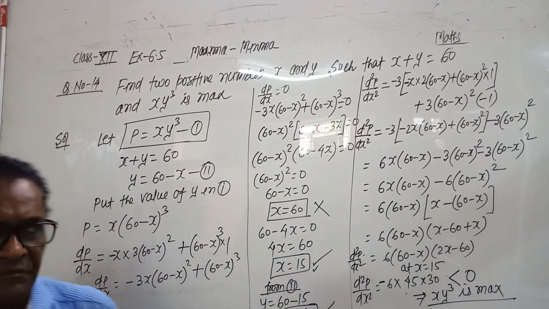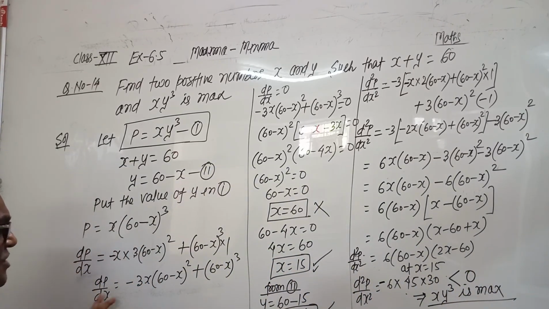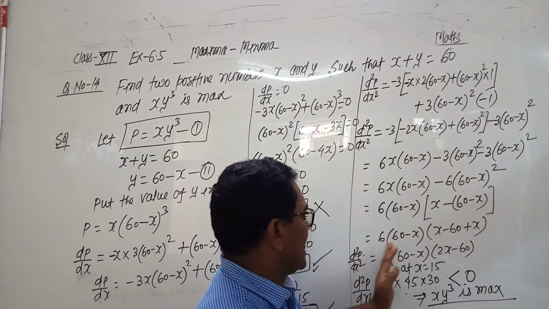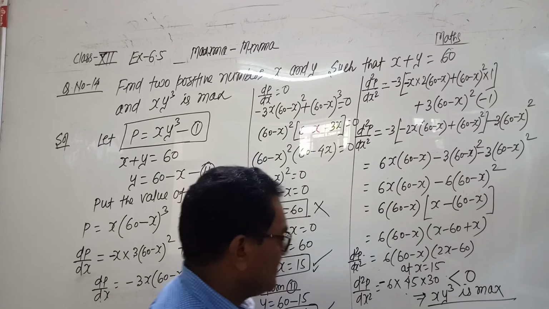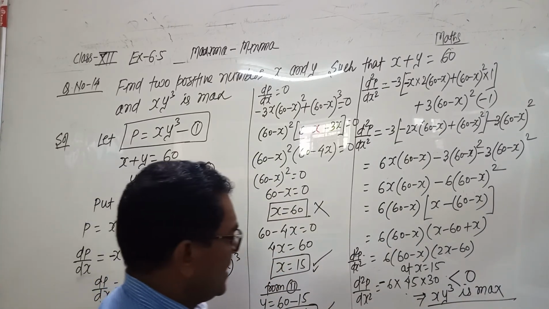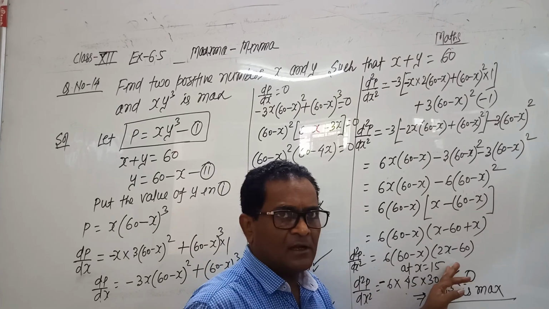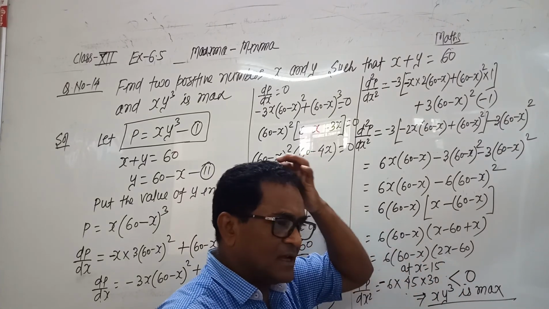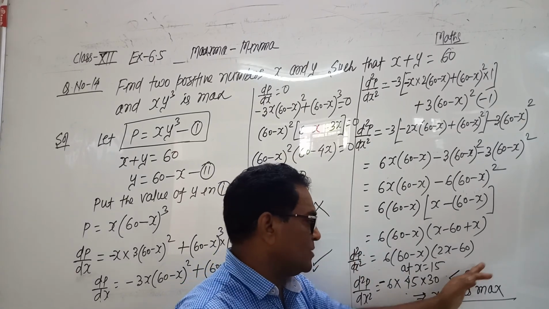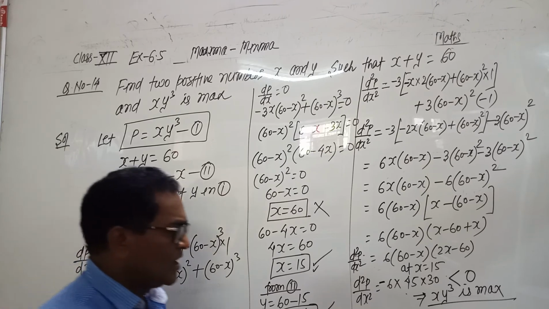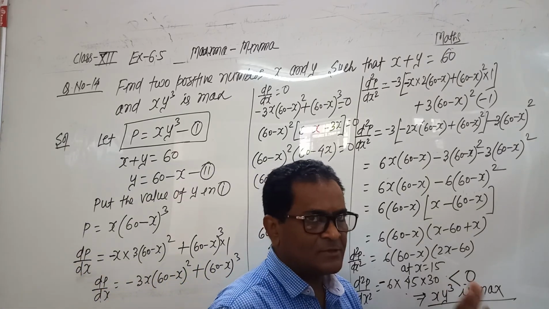And then we find the double derivative d²P/dx² by differentiating the term, and in the very last we put the value x equals 15 in the expression. If after placing x equals 15 the double derivative comes to be less than 0, it means it gives a maximum value.